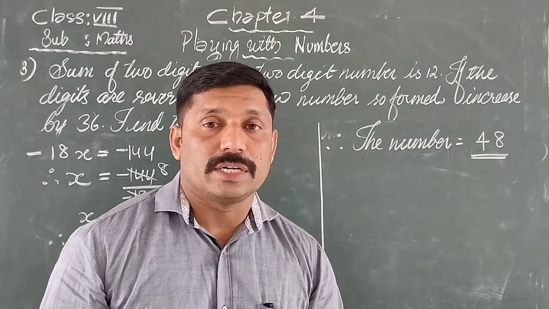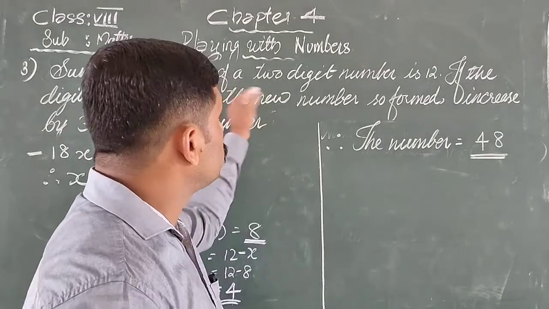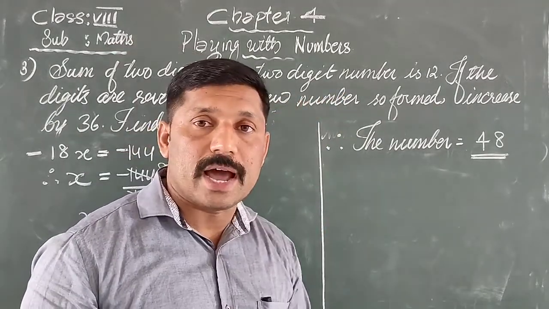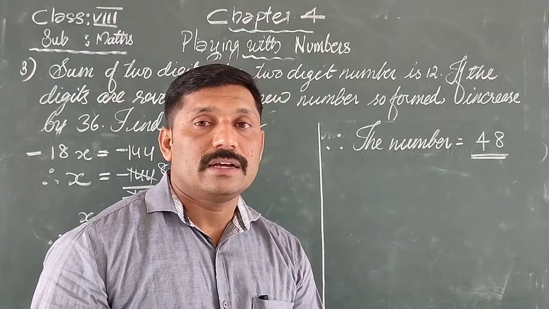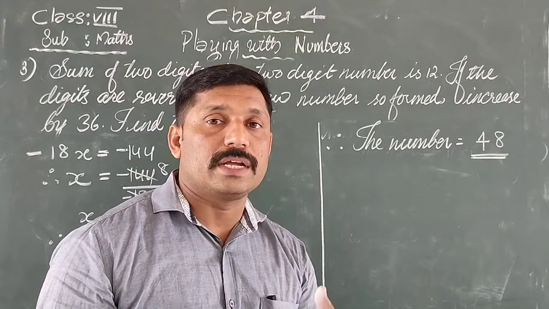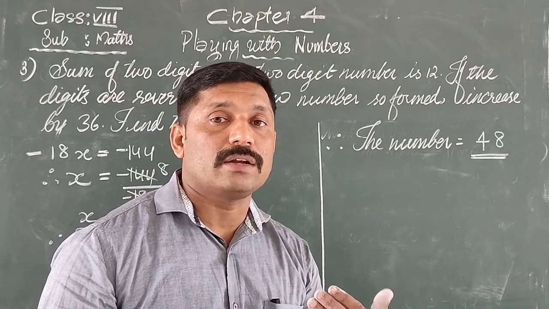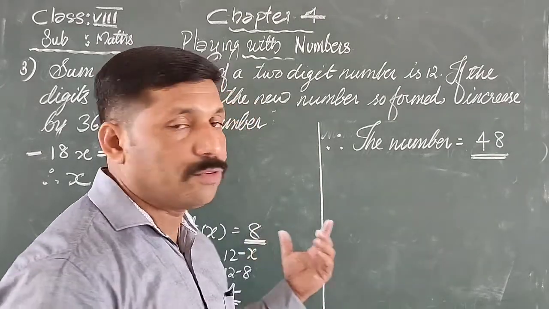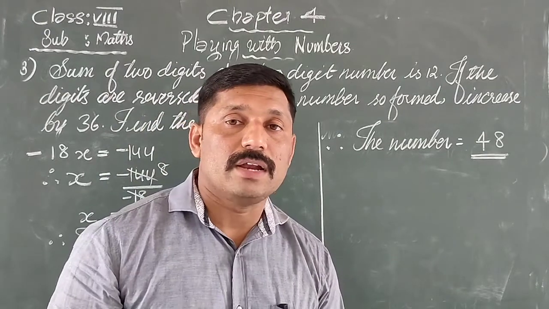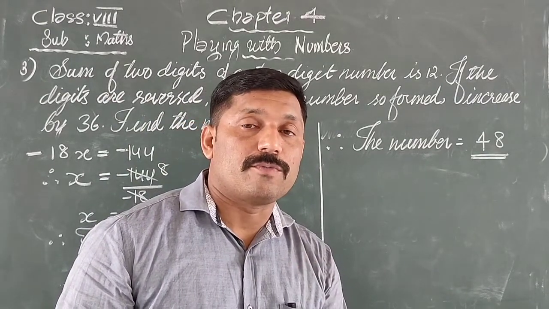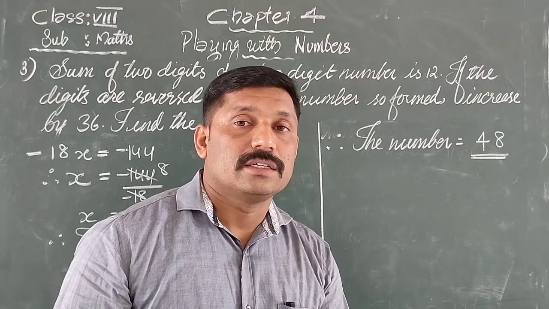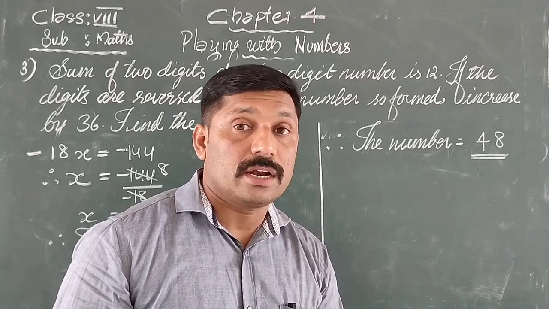Then we make the equation, which is based on the question. Here the question says the original number is 36 less than the reversed number, meaning the reversed number is 36 more than the original number. So using that, we found the value of x, that means the ones digit, and then from the ones digit we calculated the tens digit and the original number.